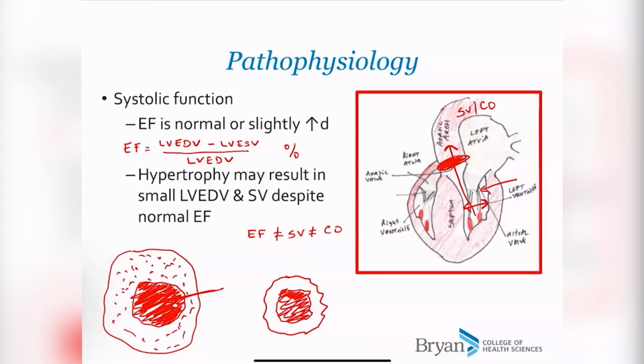And so the ejection fraction may actually be quite high because the percentage that leaves might be quite high. So ejection fraction could be normal, or it could be slightly high in individuals with hypertrophic cardiomyopathy, but it does not equal cardiac output or stroke volume.